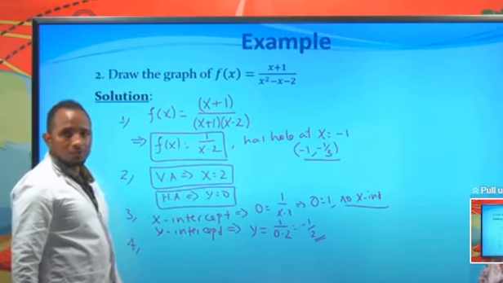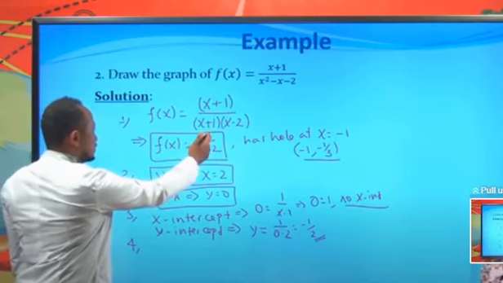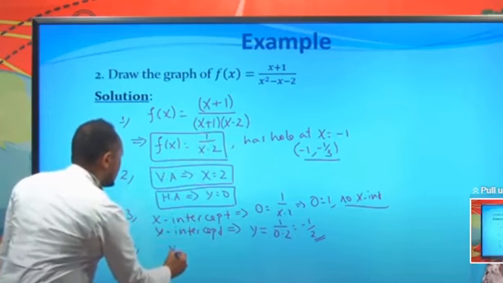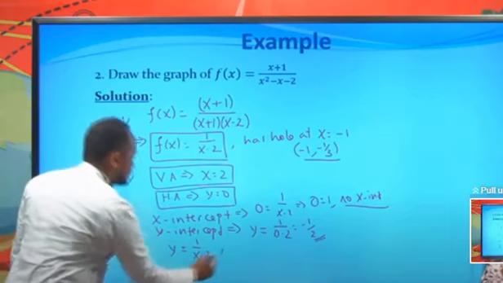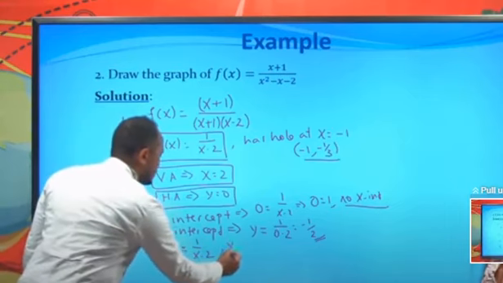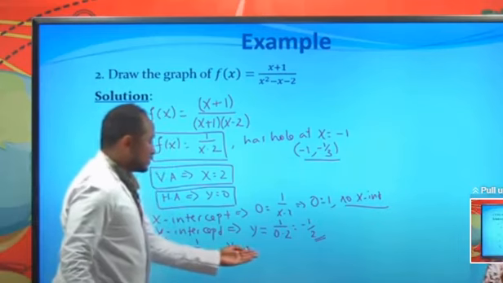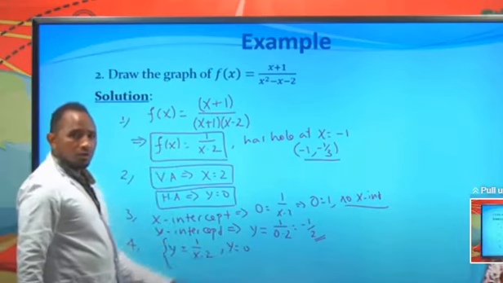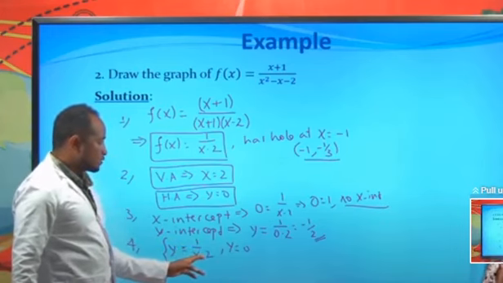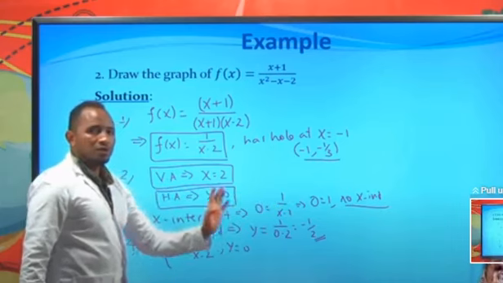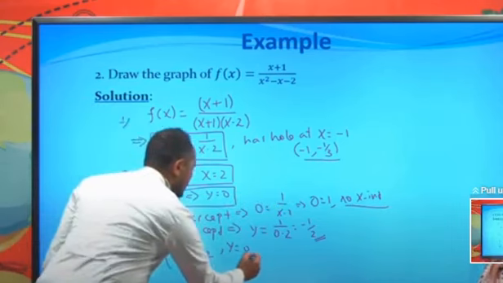Draw the vertical line x equals 2 with a broken line since the graph does not cross that line. So x equal to 2 is the vertical asymptote, and draw the horizontal asymptote using a solid line. It is y equals 0, which is the x-axis, so you have this one.